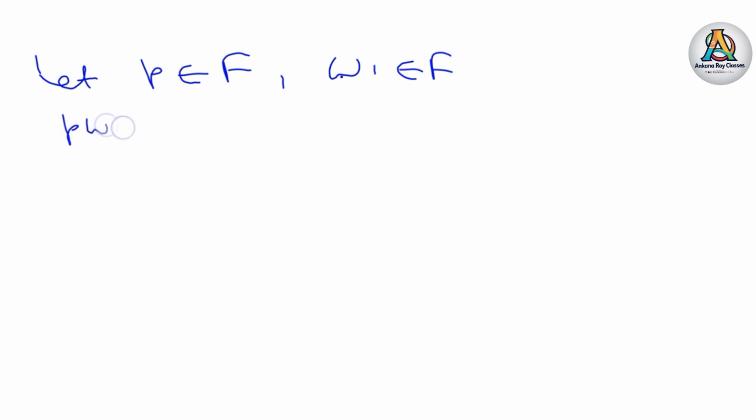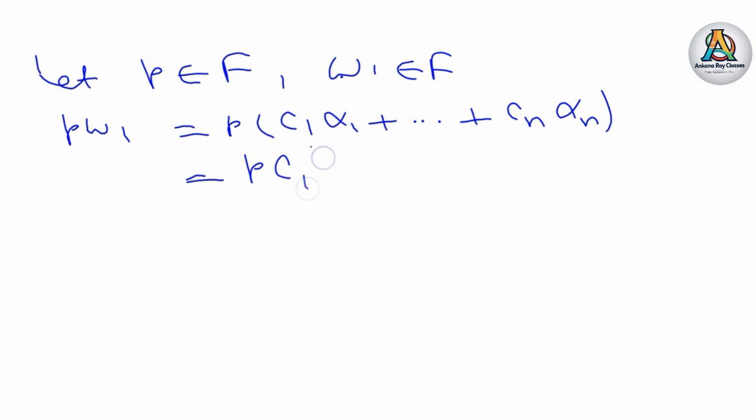Now let P belong to field F and W1 belong to W. Then P times W1 is equal to P times (C1 alpha 1 plus C2 alpha 2 up to Cn alpha n). This is equal to P C1 alpha 1 up to P Cn alpha n.